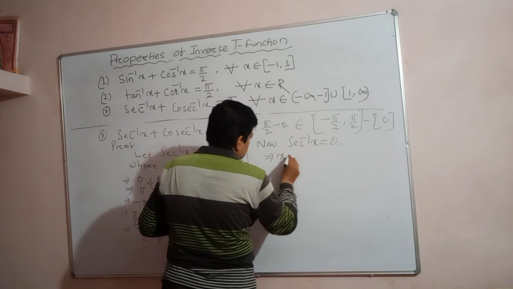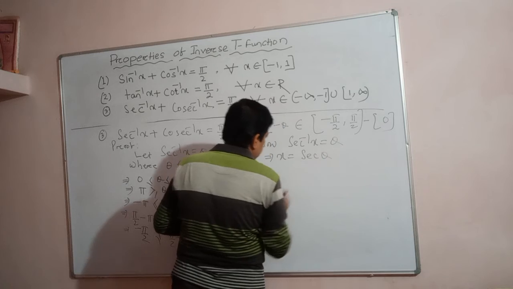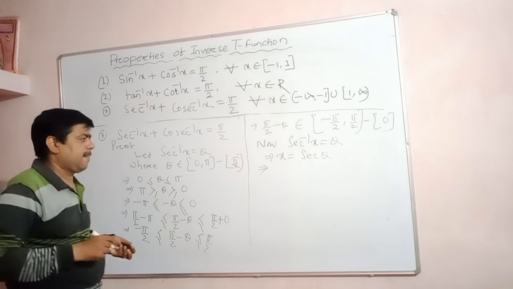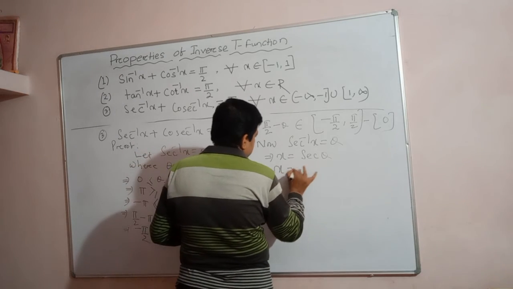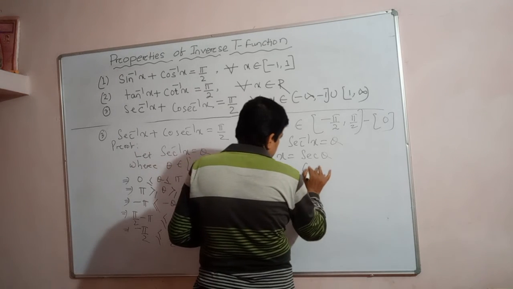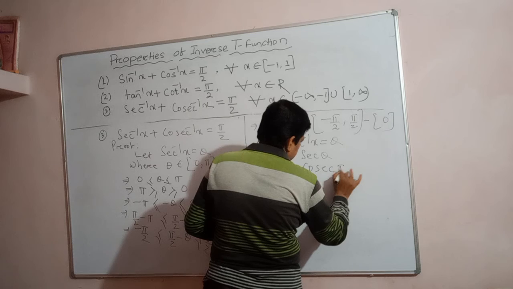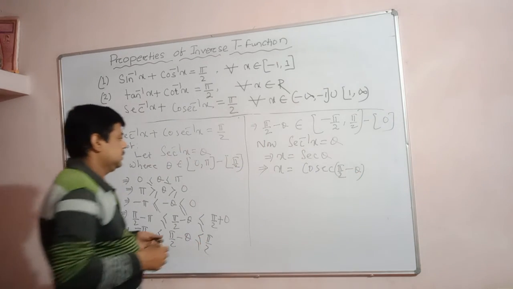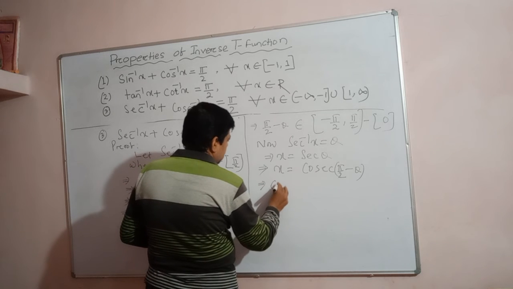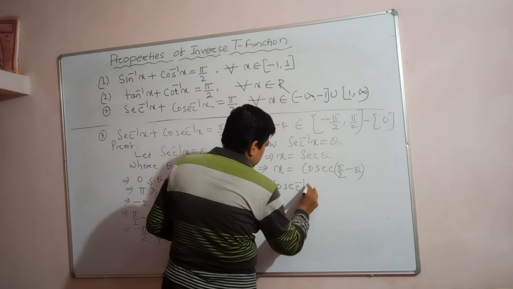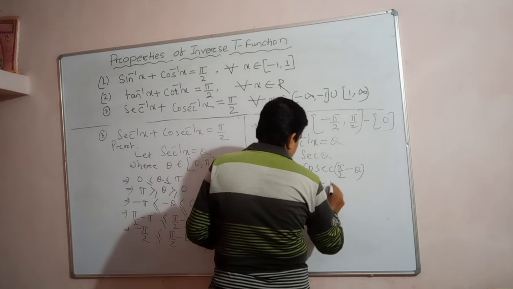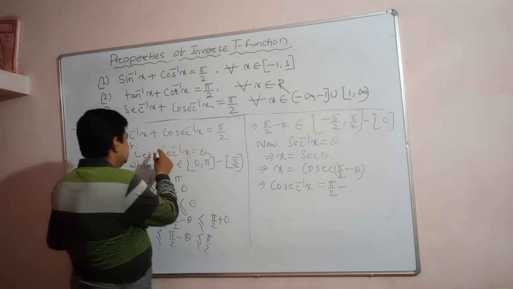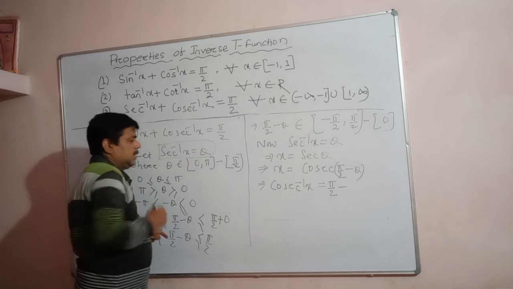So now, sec inverse of x is equal to theta. That implies x is equal to sec theta. So x is equal to sec theta means cosec of pi by 2 minus theta. Clear? So that implies cosec inverse of x is equal to pi by 2 minus theta, and in place of theta I can write sec inverse of x.